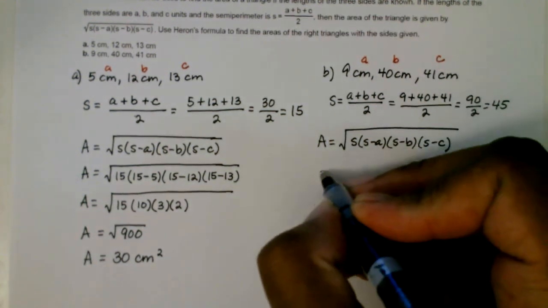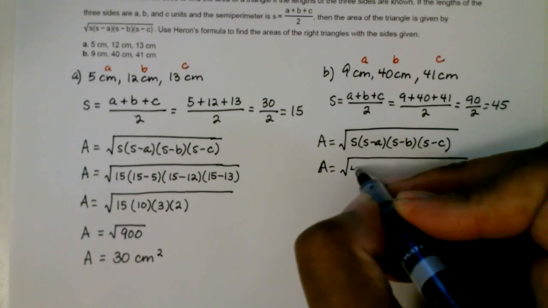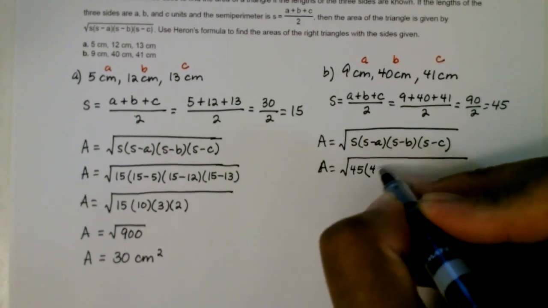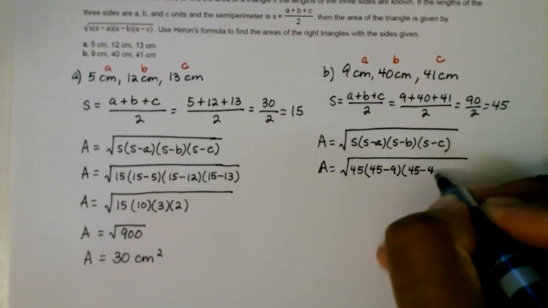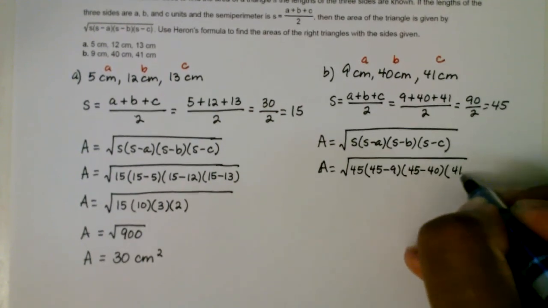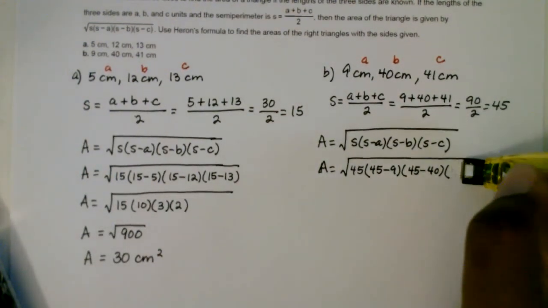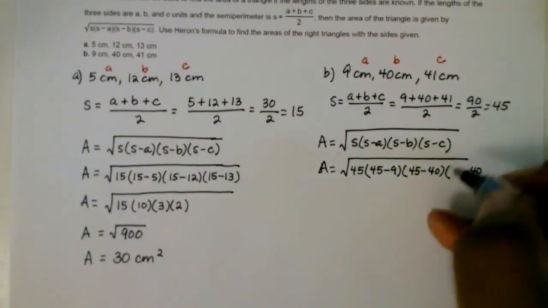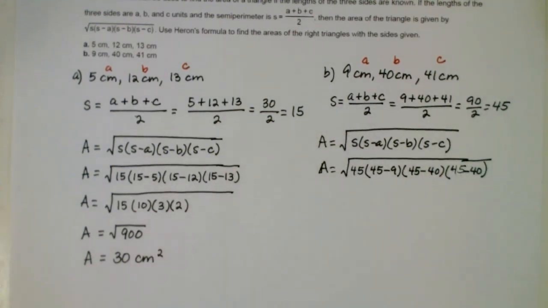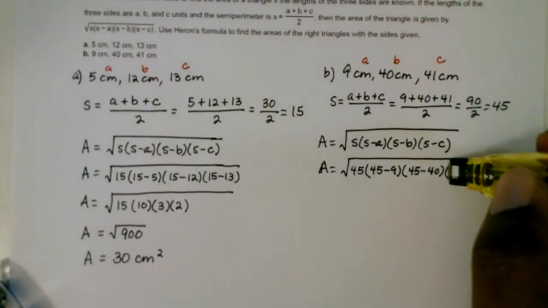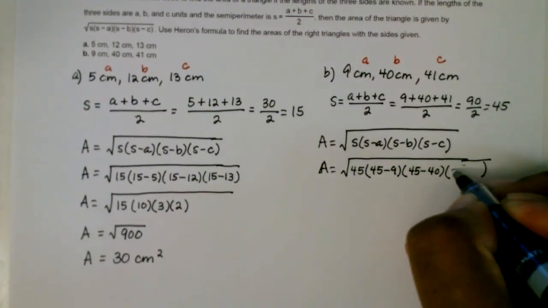And in this case here, A is equal to the square root of S, which is 45, times S minus A, that's going to be 45 minus 9, times S minus B, that will be 45 minus 40, and then S minus C will be 45 minus 41. Sorry about that, because S is 45 and C is 41.